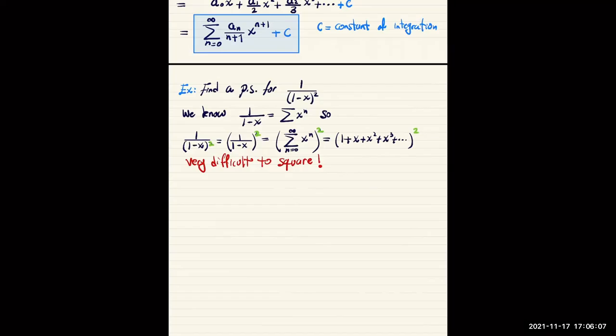So how do we find the power series? Notice that 1/(1 minus x) squared.